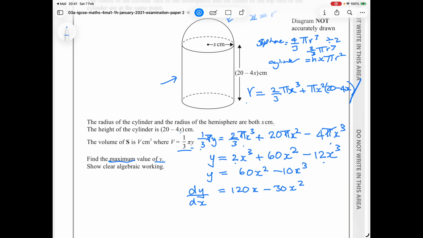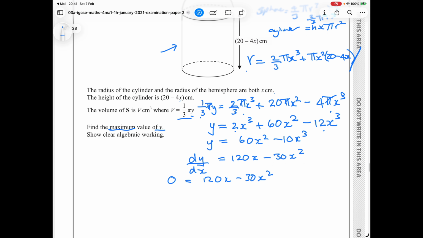And now we're going to solve that, make it equal to 0. So what makes that 0? Let's find out. This is because 0 is where the maximum point is going to be, because this is an upside down x squared. It's a negative x squared.